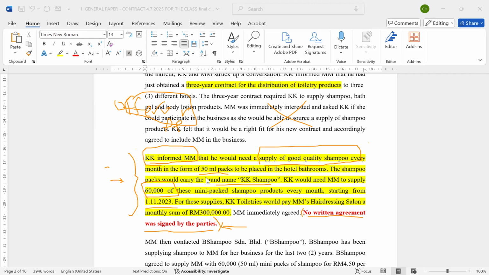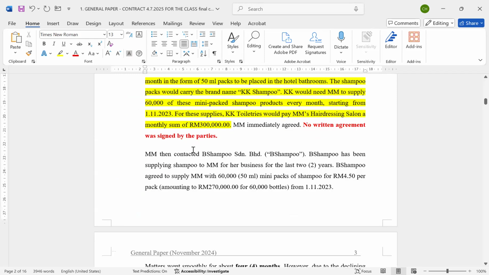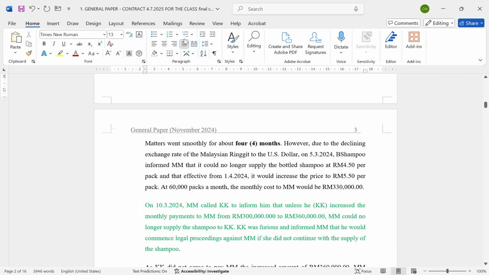Subsequently, MM sourced the shampoo from this Sendirian Berhad, B shampoo Sendirian Berhad. Everything went smoothly for about 4 months, up to the point that there is some fluctuation in the exchange rate, in which the US dollar price had already increased.